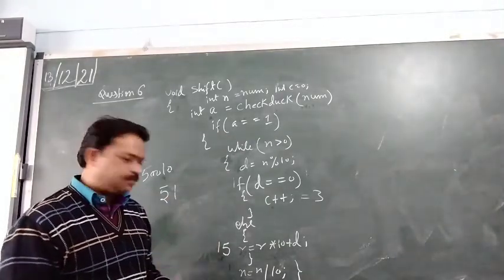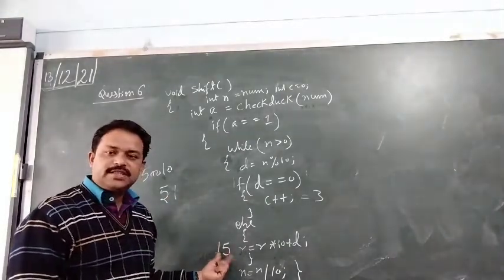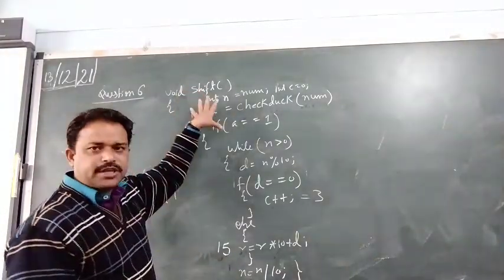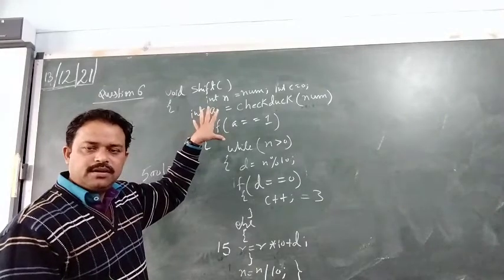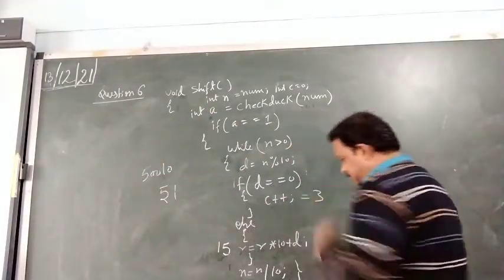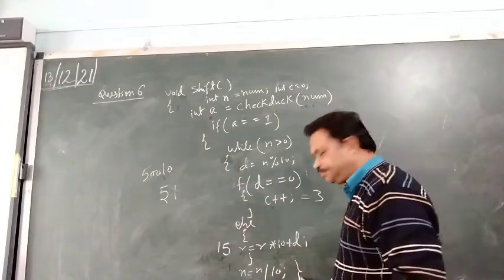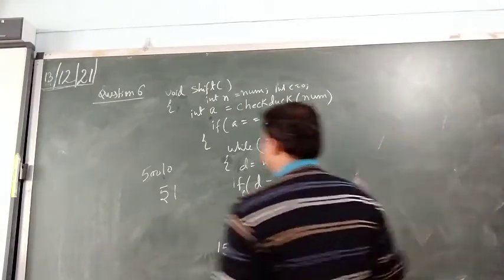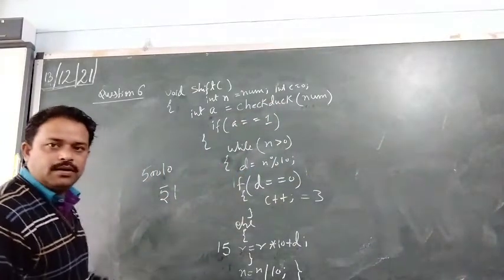What do I need to do? Sir, just reverse this number once again. In the same function I am going to reverse the number. So after closing this while loop, make one more while loop.